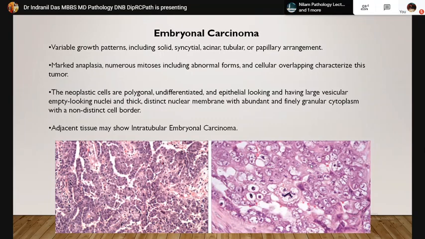The anaplasia is marked with numerous mitotic figures, including atypical mitotic figures, and the neoplastic cells are polygonal, undifferentiated, epithelial looking, and they have large vesicular empty looking nuclei and thick distinct nuclear membrane with abundant finely granular cytoplasm and with a non-distinct cell border. The adjacent tissue may show intratubular embryonal carcinoma.